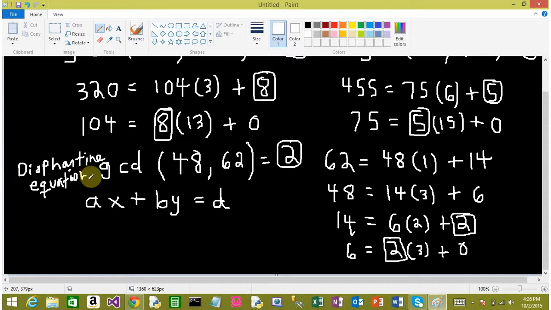The question is, can we find integer solutions x and y that satisfy this equation for the two numbers that we have, a and b? The answer is yes, usually we can, as long as the greatest common divisor divides a and b.